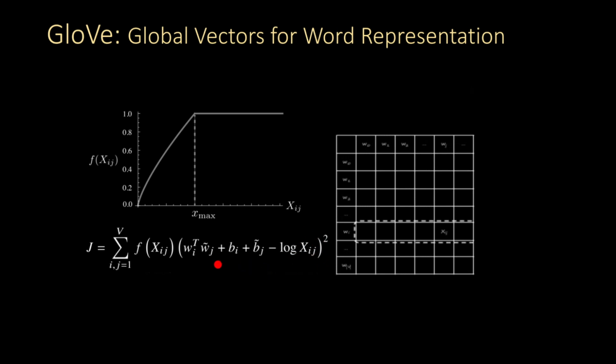What's going to happen is if their similarity is high and they co-occur a lot with each other, these terms are going to, to some extent, cancel each other out, and you would have a smaller cost.